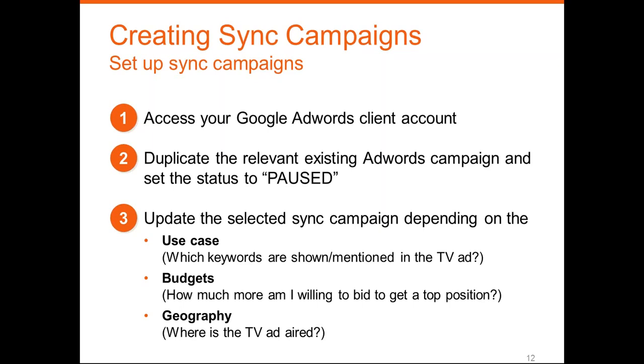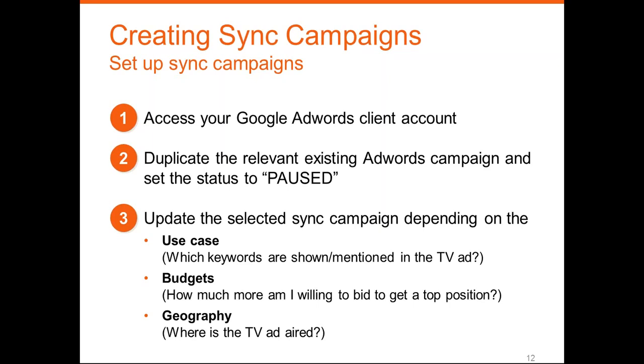The reason we recommend this is that it's easier to do reporting, since you can compare one campaign to the other, and the contents of the campaign are the same. You can also duplicate ad groups and collect them in one campaign, or you can create a completely new campaign, but you would need to duplicate the contents.